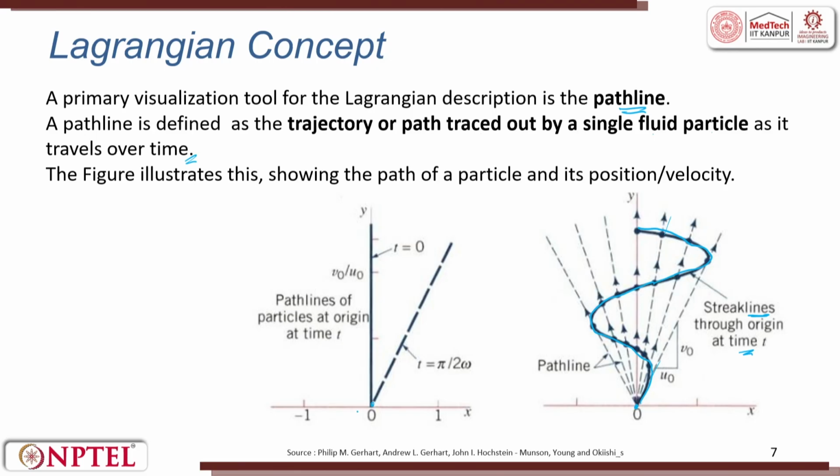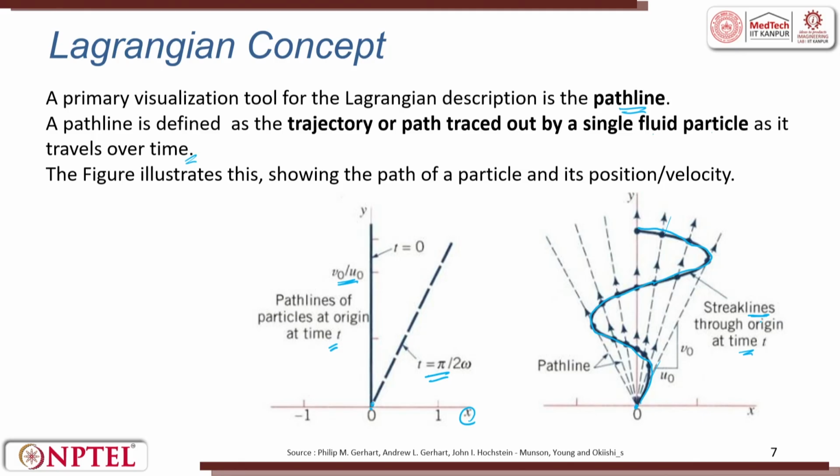On the y-axis you have v naught by u naught, and along the x direction you have the coordinates. The straight line defines t equal to pi by 2 omega. So, this axis y defines the path line of a particle at time t. And here the dotted lines are called streak lines.